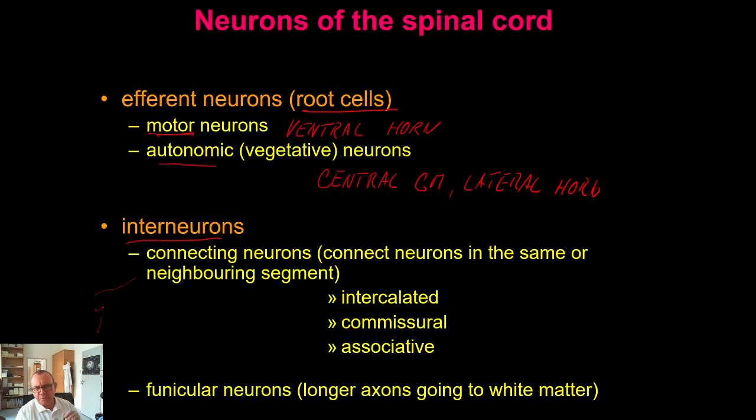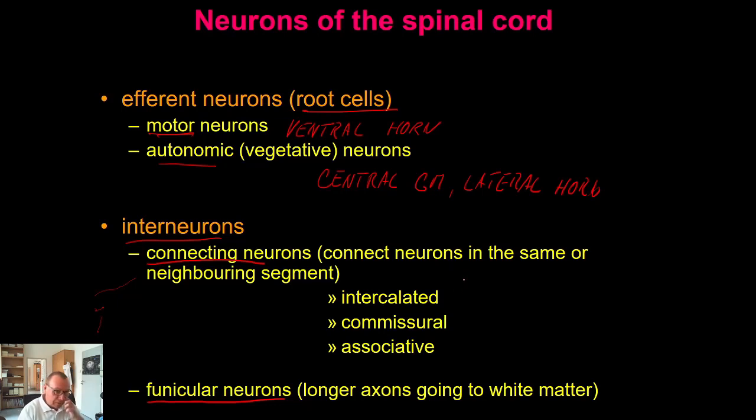In the case of the spinal cord, there are two groups of interneurons. The first of them are so-called connecting neurons, and the second are funicular neurons. Connecting neurons, as you can read here, connect neurons in the same or neighboring segment.